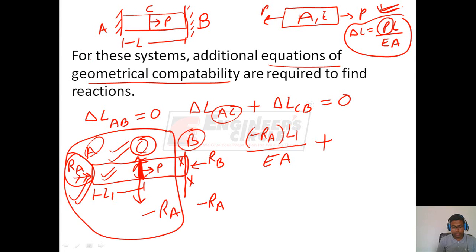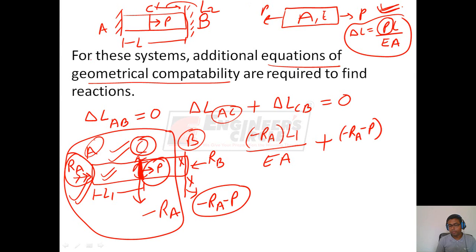Since it is compressive, take minus, and another load is a compressive load P, minus P. So this is the load which will be acting at this cross section, that is on bar CB. So to find the elongation PL by EA, instead of P we put minus RA minus P. Let the length of bar CB be L2. Therefore, we get (minus RA minus P) L2 by EA. This net elongation must be 0.